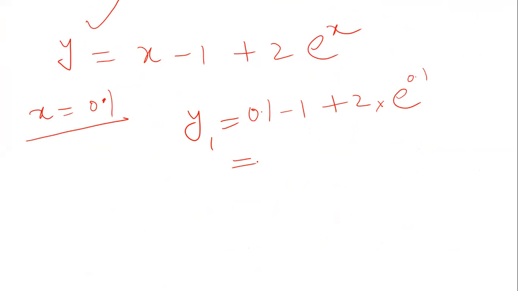To calculate the exponential of 0.1, almost finished, sorry. 0.1 minus 1 plus 2 into exponential of 0.1, which is 1.105171.